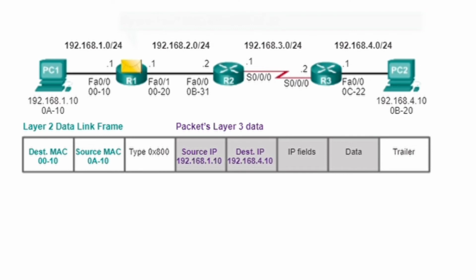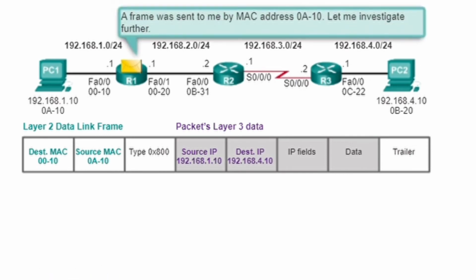The animation in the figure illustrates how router 1 forwards the packet to router 2.